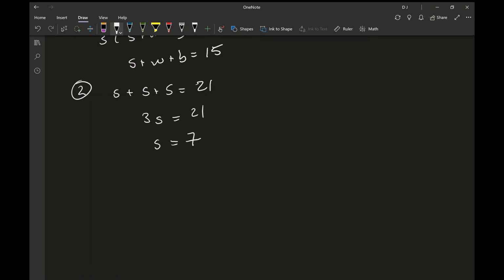So now we can revisit equation 1 and substitute our star back in. Star plus a wand plus a broom, or which person, has to be a 15. Subtract 7, subtract 7, we get wand plus, or which person plus broom, equals 8.